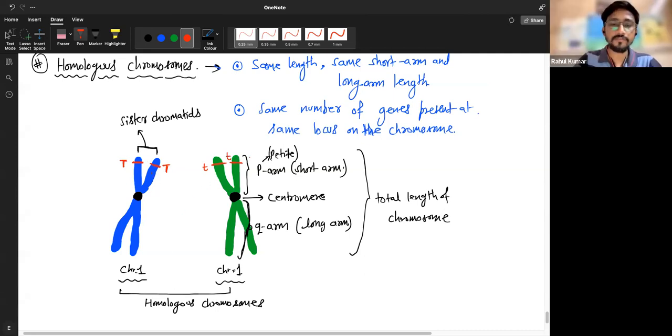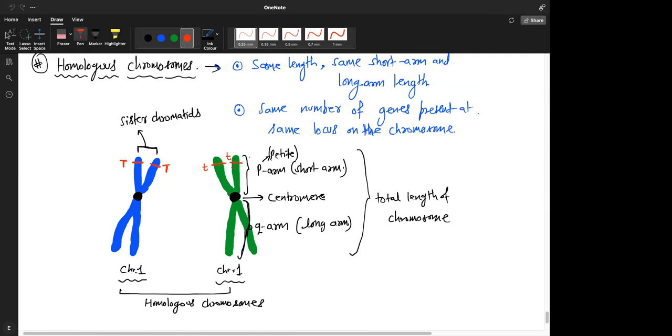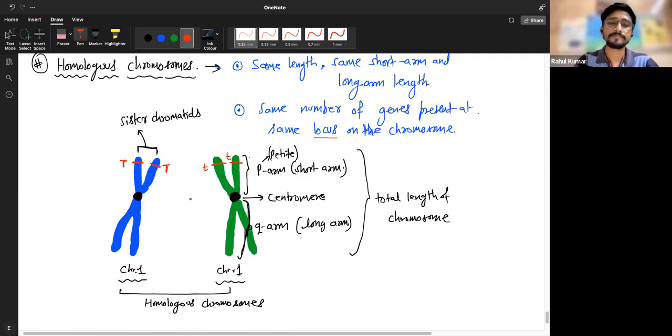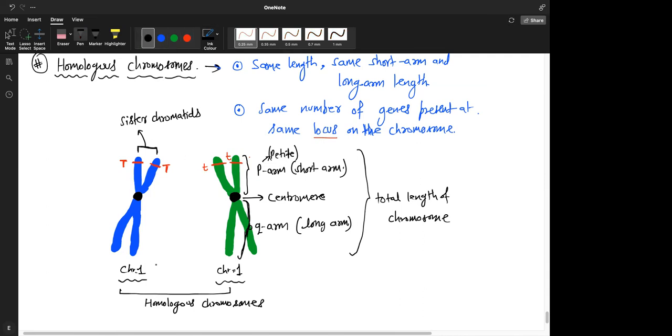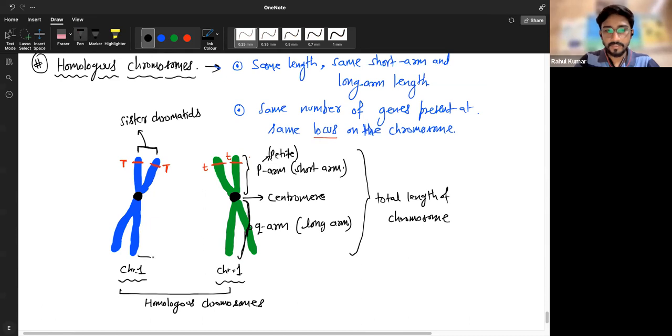But do you see that the gene for height is present on both the chromosomes at the same position? This is called locus, the position of the gene. And if you take this chromatid and this chromatid, these two chromatids are called non-sister chromatids.